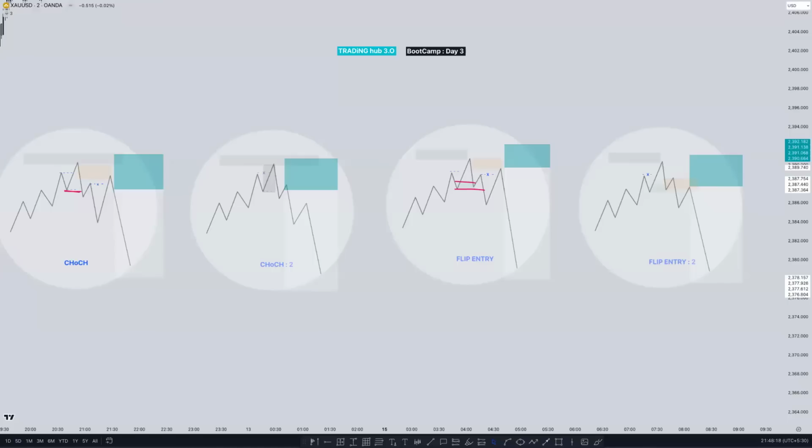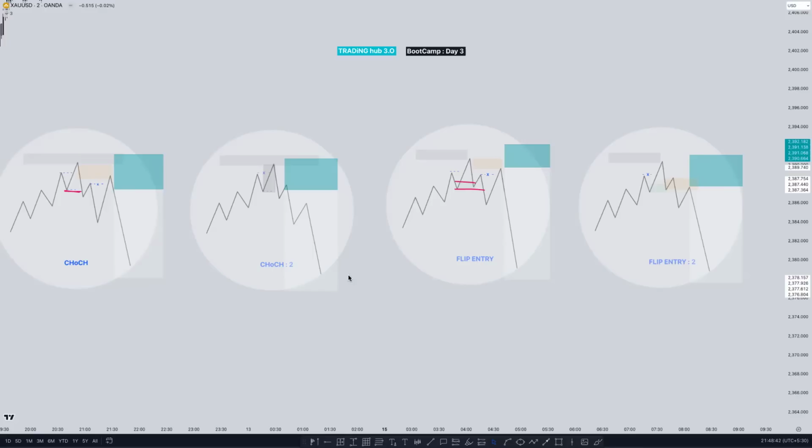There are different pairs here, so I can't do all pairs because everyone has a different suggestion. Okay, it's okay, no problem.